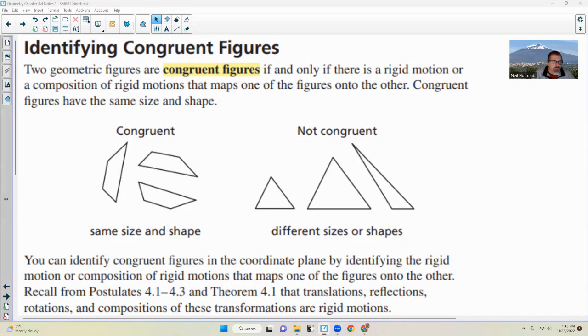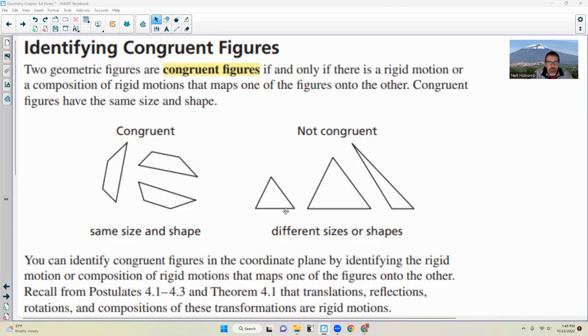So looking at this first picture here, these are four quadrilaterals, not parallelograms, but trapezoids, two parallel sides, two non-parallel sides. And when I rotate and translate and reflect, these pieces are congruent because they're the same size and shape.